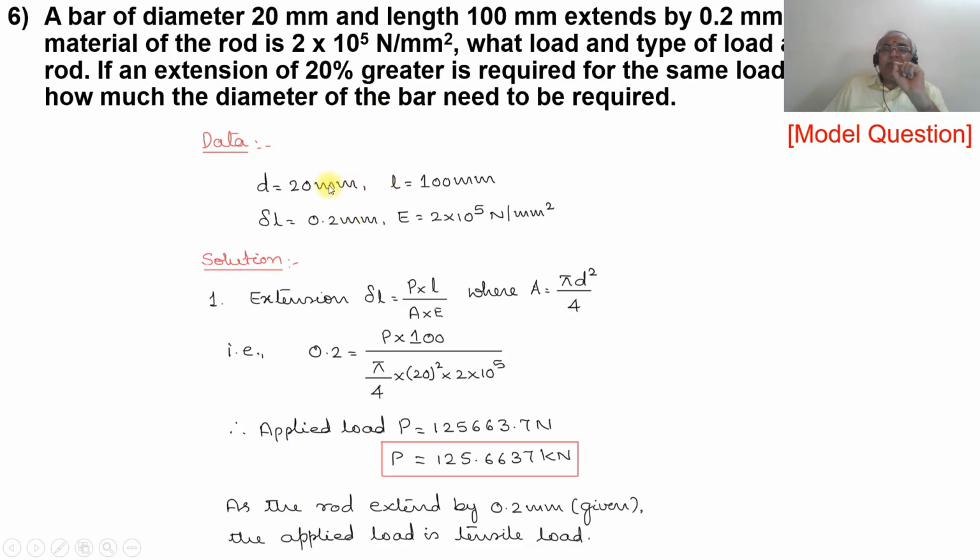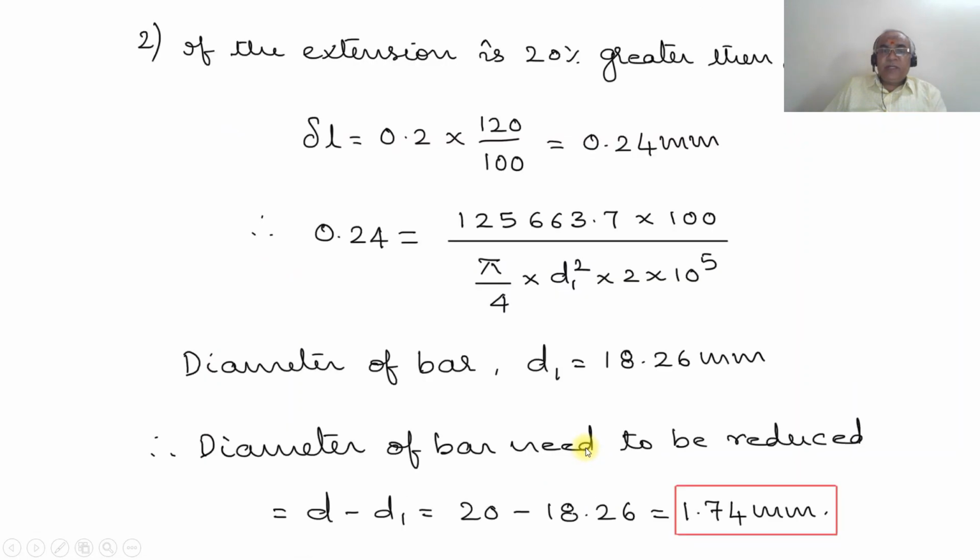So 20% greater means 120 divided by 100 into 0.2 for the same load applied above. Same load applied means whatever you have calculated, that is the load which you need to consider. So delta L will be equal to 0.2 into 120 by 100. So that will be equal to 0.24 mm.